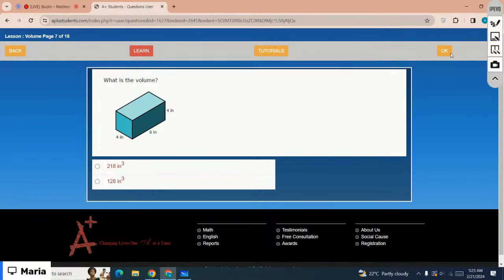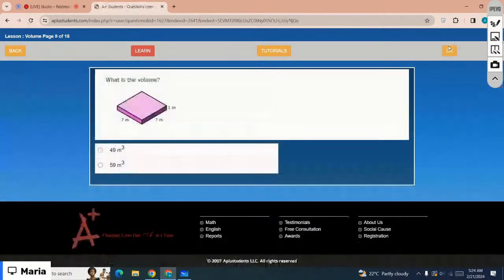Which is the correct option? You have to do length times width times height, right? So 8 times 4 is, no, 8 times 4 is 32, and 32 times 4 is 128 inches cube it is, right? Option number 2 is the correct option. Very good.